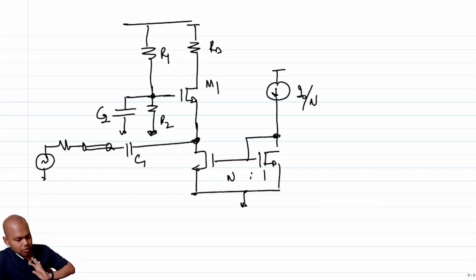Okay, so we note that we have only considered matching till now, and to some extent the signal swing, under the condition that the supply is limited, right? We have not considered anything else. There are a lot of other things to consider.